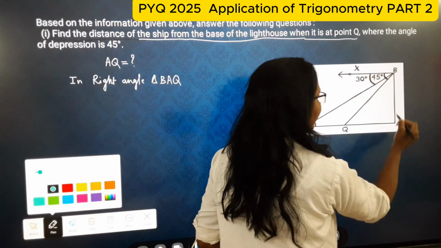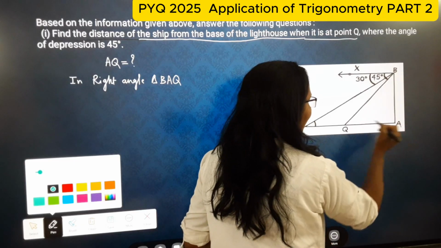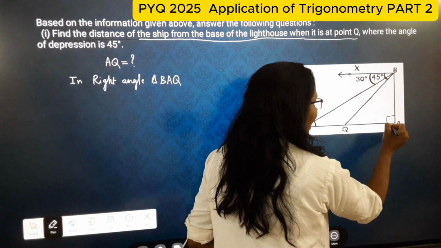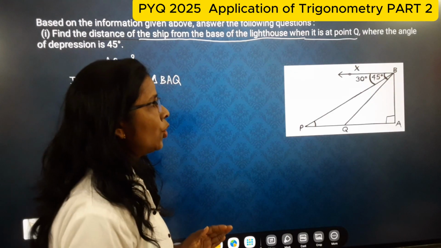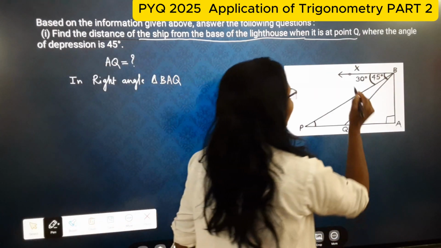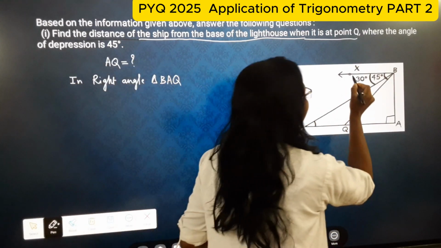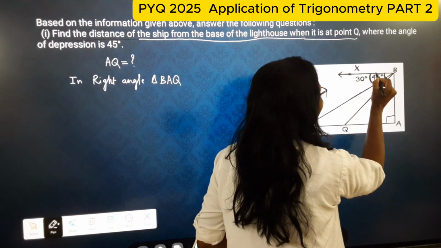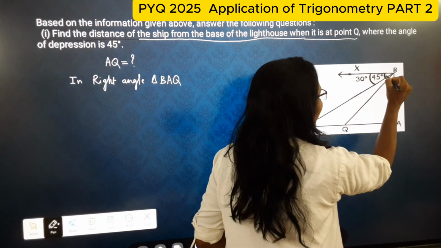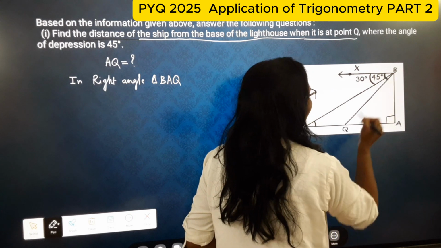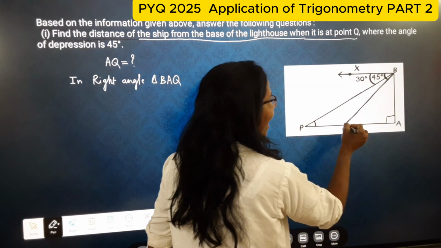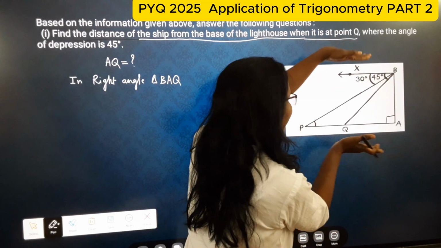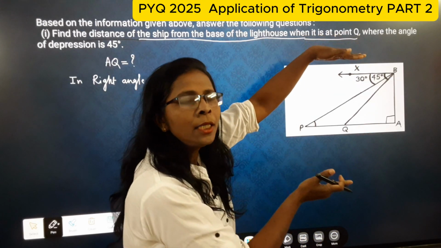In this triangle BAQ, at the ground level this angle is 90°. And this angle of depression XBQ is 45°, and XB and PA are parallel to each other.